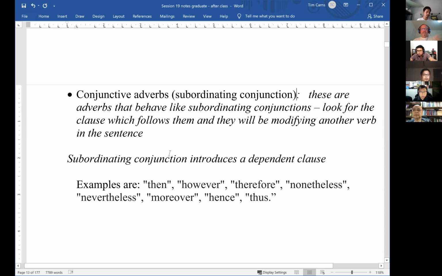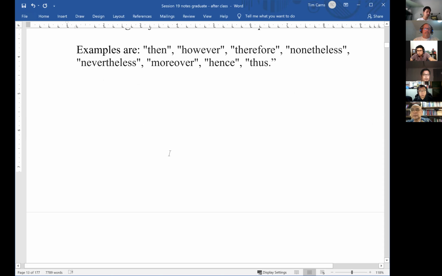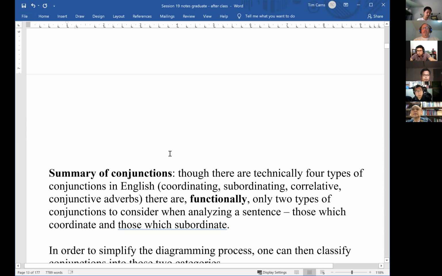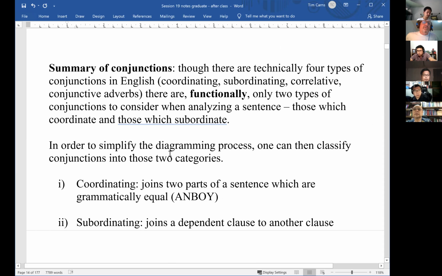So, all this is to say the following. Technically, there are 4 types of words or groups of words that act like conjunctions. But functionally, there's really only 2 kinds. That is the coordinating and subordinating. All right?